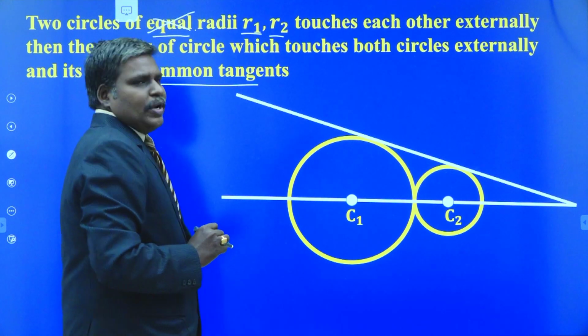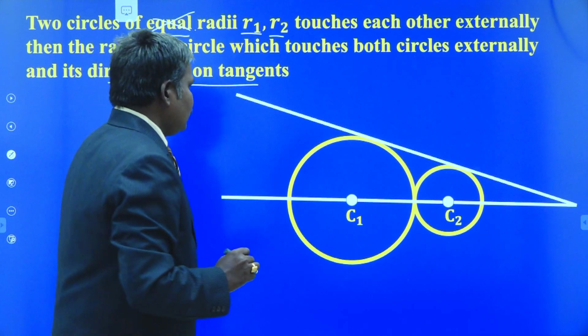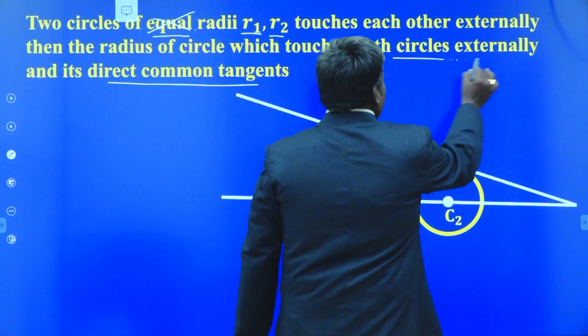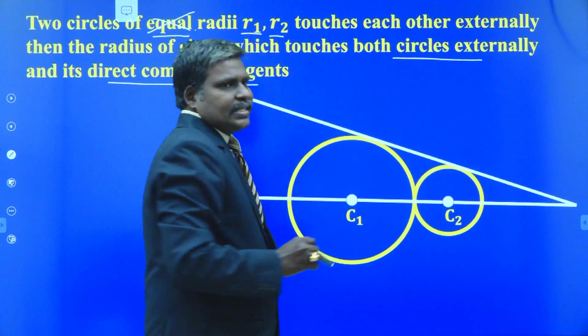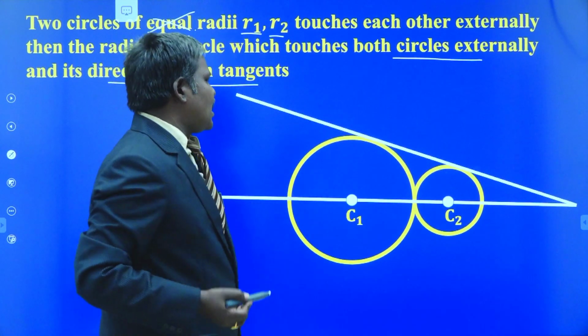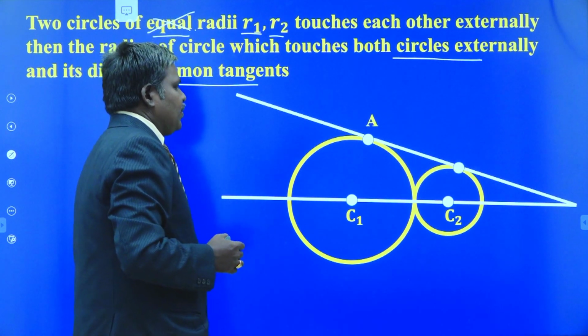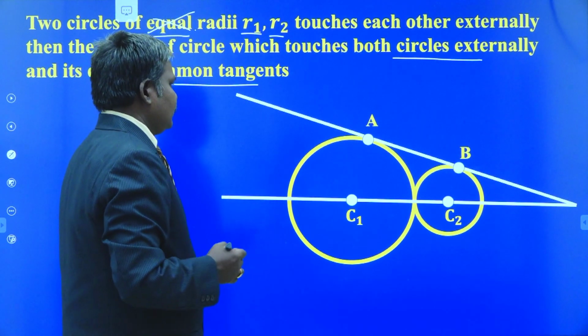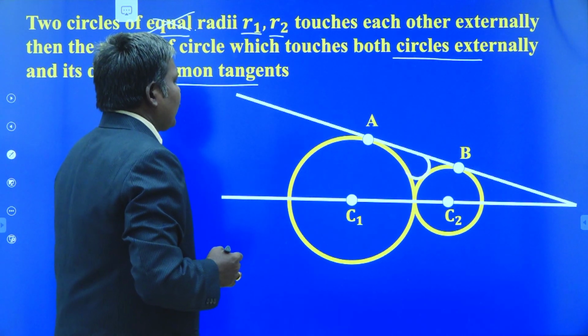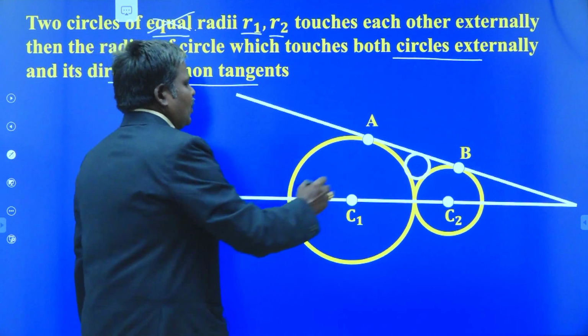This is the direct common tangent. What is the question? You have to find out the radius of the circle which touches both the circles externally and also the direct common tangent. See this one, these are the 2 points of contact A and B as shown in this figure. Now we have to find out the radius of that small circle.